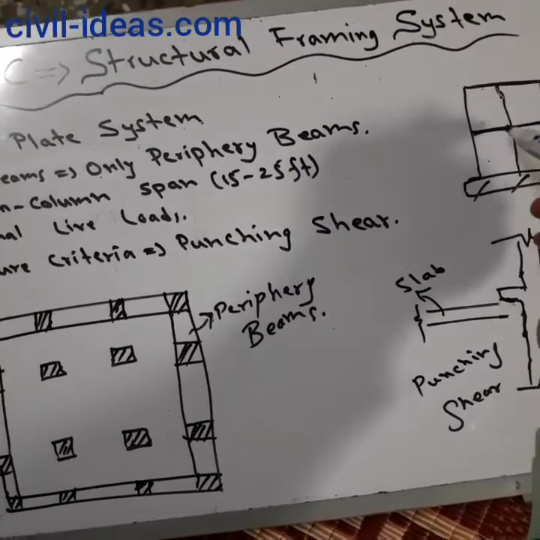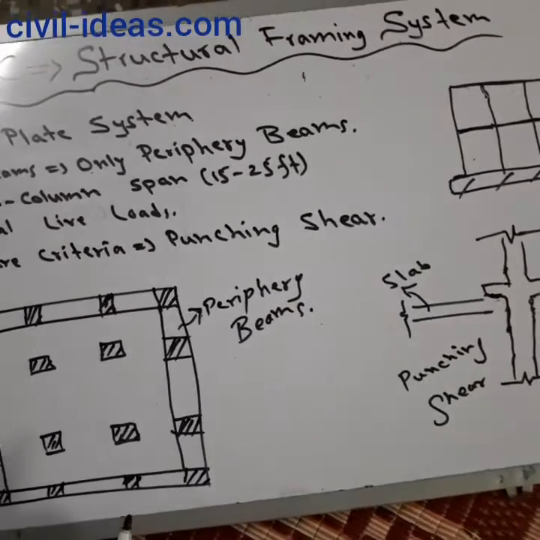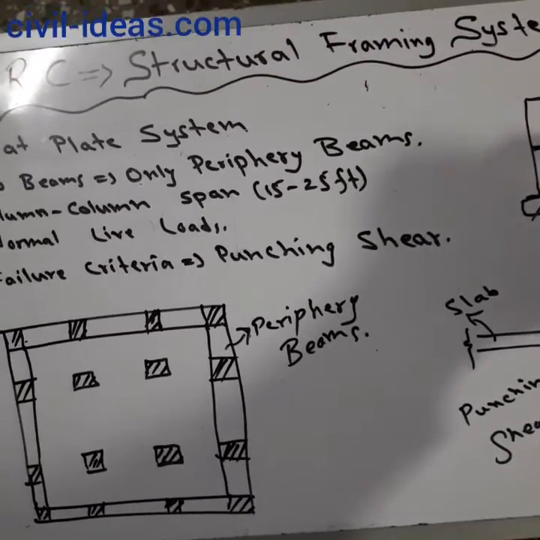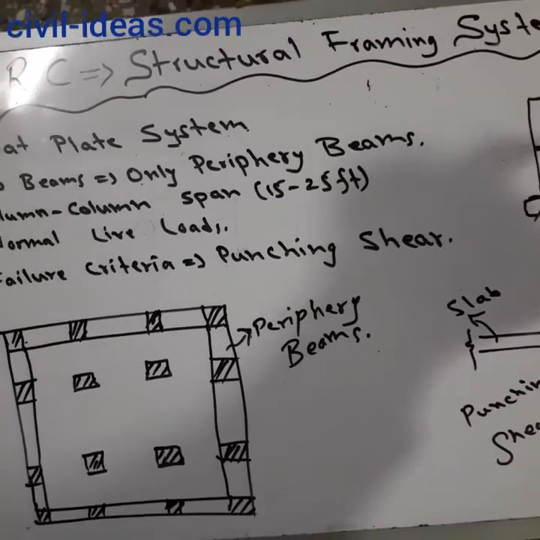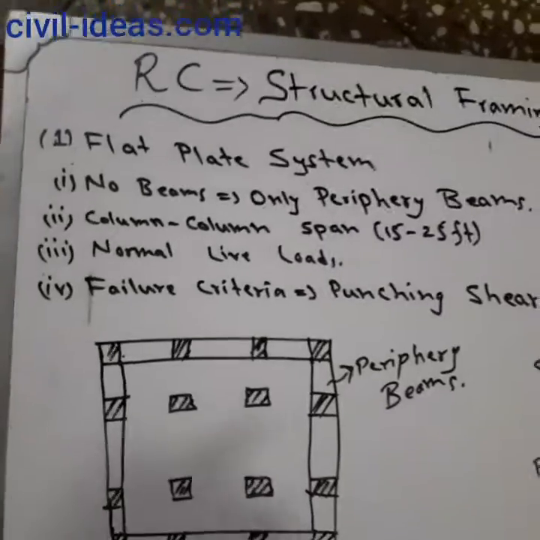In some they use beams, in some there's only a slab, and in some you may have seen only capitals above the column. So we will discuss all these types in this video.